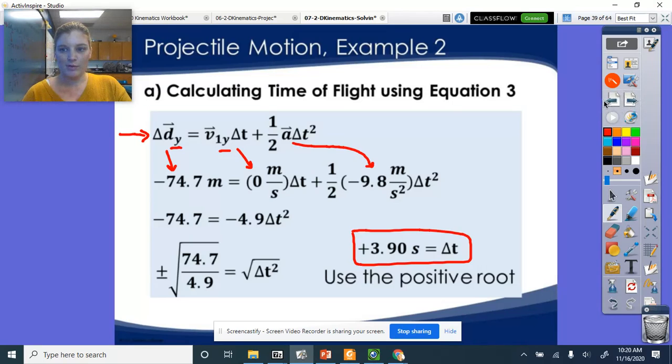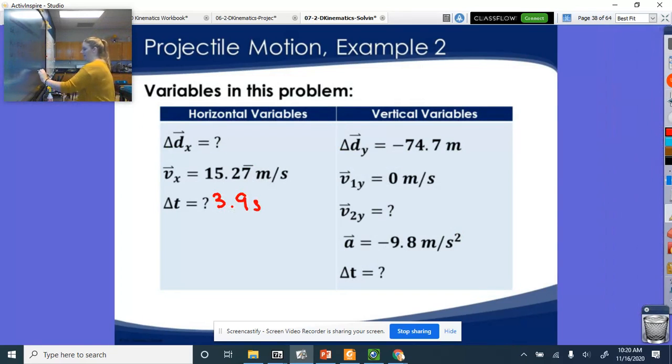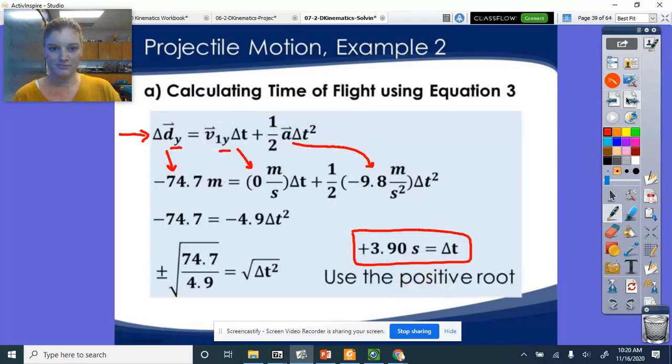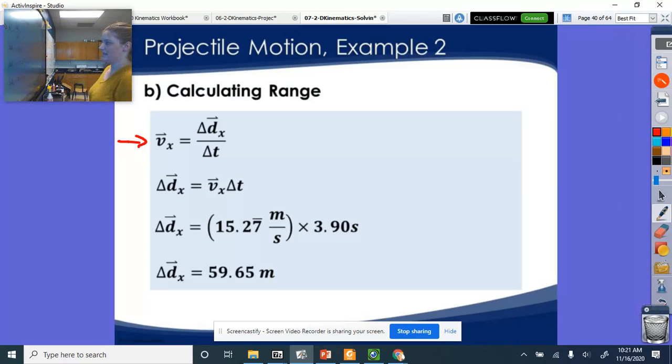Now, once we know that 3.9 seconds, I can go over on this side and fill that in, and over on that side. So I've come a really long way already in what I need to know. Now for the range, I'm going to pull that simple equation, where velocity is displacement divided by time.